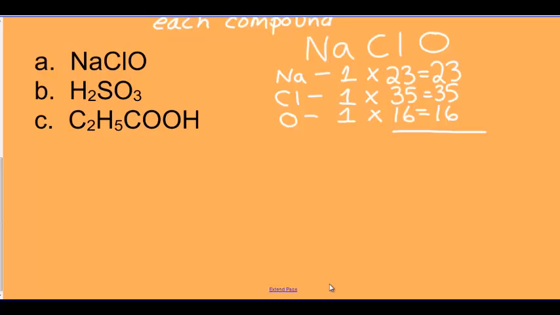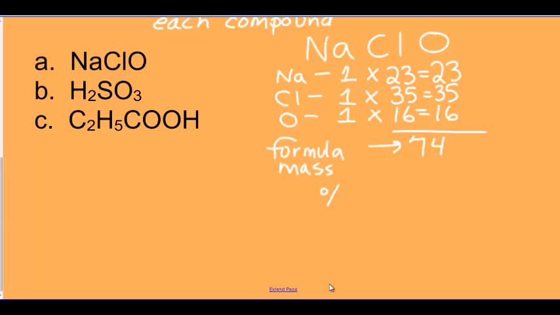I'm getting all of those from the periodic table, so I add those values up. Hopefully you have your calculator handy. If not, do it old school, add it the long way. That gives you a formula mass of 74.